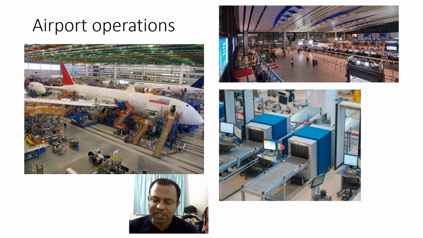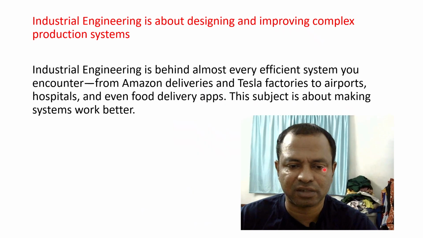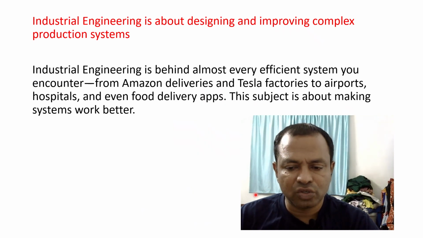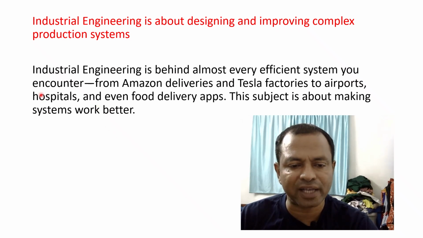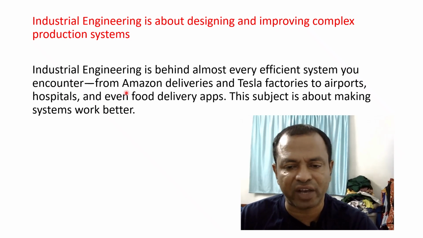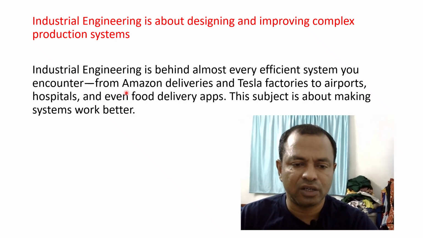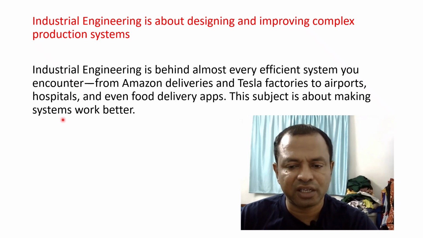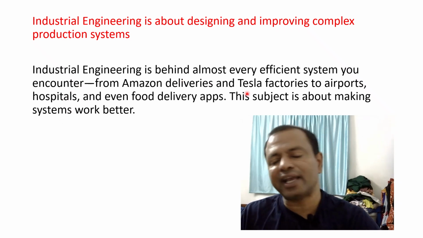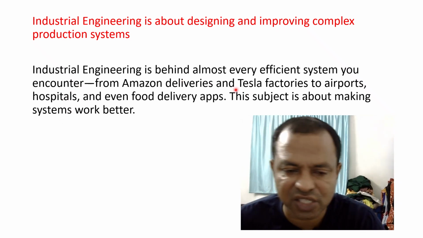The knowledge of industrial engineering can be used to ease the operations in all these examples. So we can see industrial engineering is about designing and improving complex production systems. We have seen the production system of a car manufacturing company. So industrial engineering is about designing and improving these kinds of production systems.